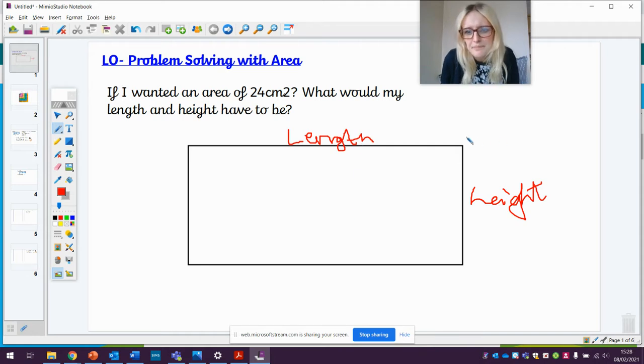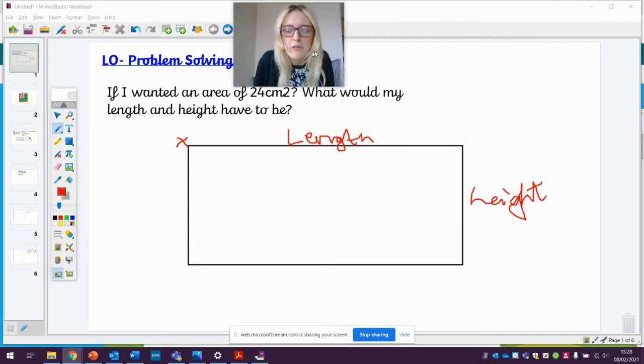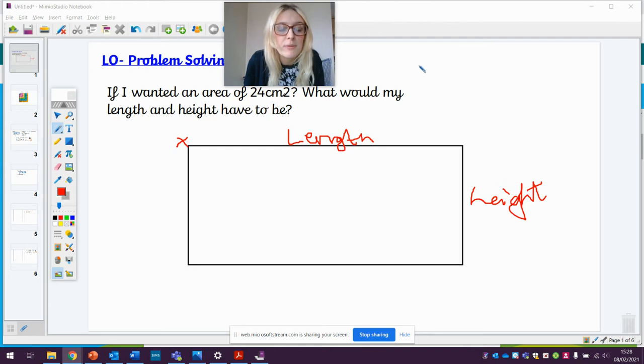Well, if you think that it's length times height, you've got to think about two numbers that multiply together to make 24. So we're going to think about our factor pairs. Do you remember when we did factor pairs? If we wanted to get 24 as our total, what two numbers would we have to multiply together?